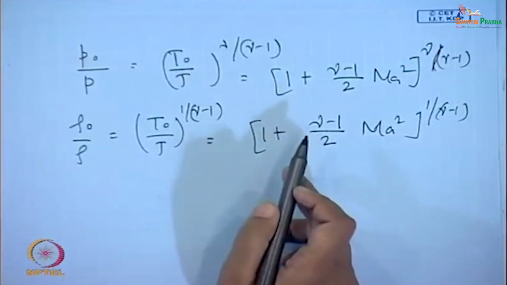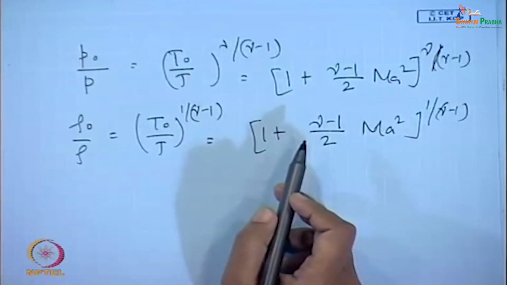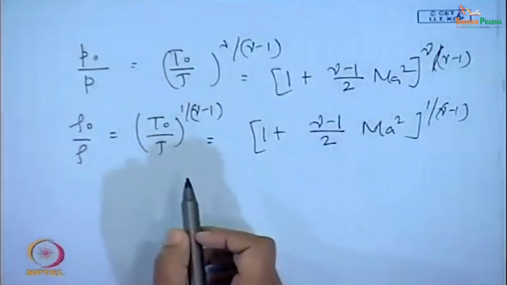So, we find that we are able to relate all the local properties in terms of the stagnation properties. We had started with the first law of thermodynamics for open systems. We had first considered adiabatic systems. Using that we could find expressions for H0 and T0.